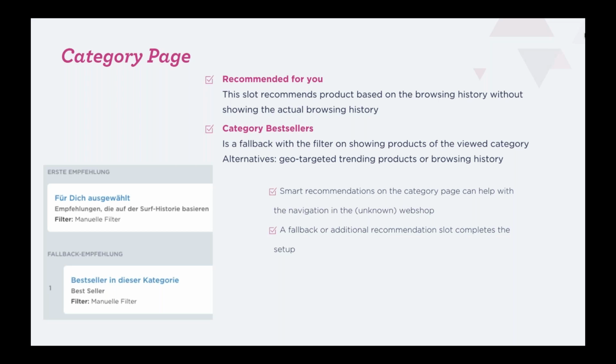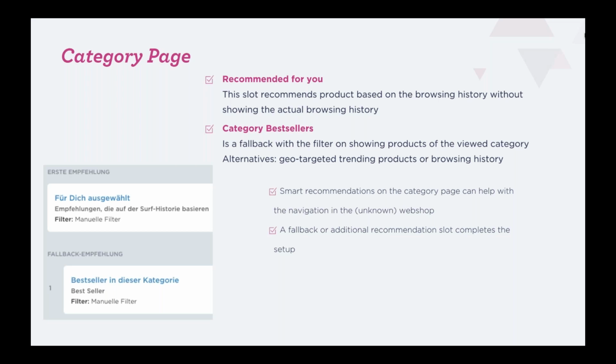Why that? Because if, for example, we take a fashion store as an example, and a customer lands on the, let's say, jeans category, we would not like to show him shoes because he's definitely interested in jeans, and that's why we would prefer to filter the recommendations in the bestsellers to show from the respective category which is browsed at the moment by the respective customer.